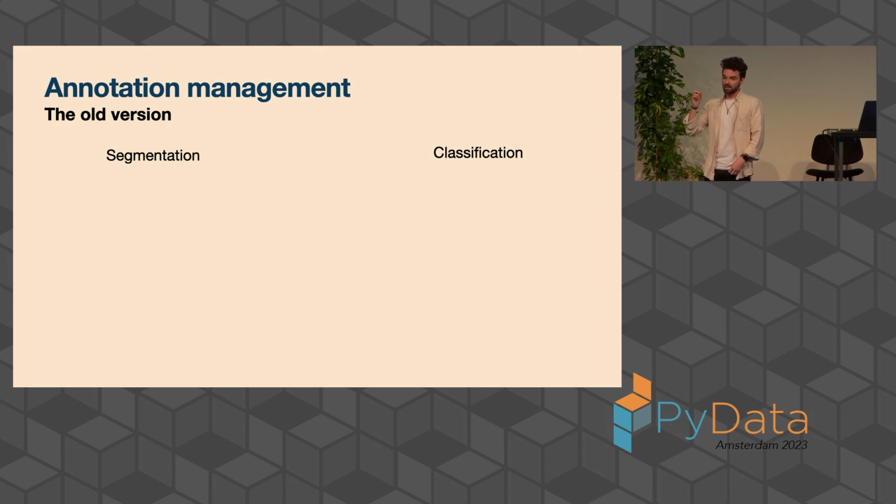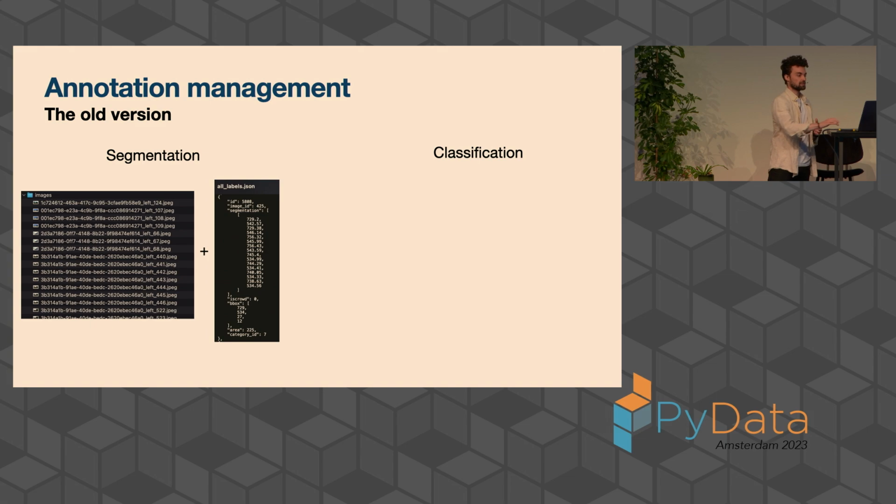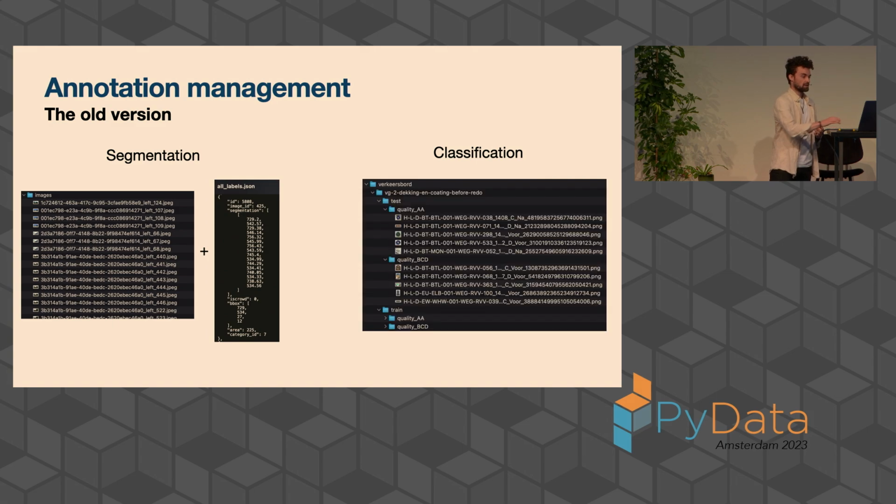Second hard thing that we had to overcome was how we manage our annotations. We have training data. In a typical fashion, you have tabular data, and you can make snapshots of this, but here we're talking about images and labels and annotations, and how do we build on top of this? In the old version, this is how we started out.